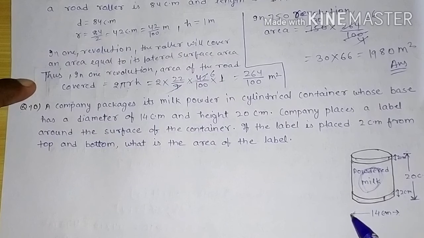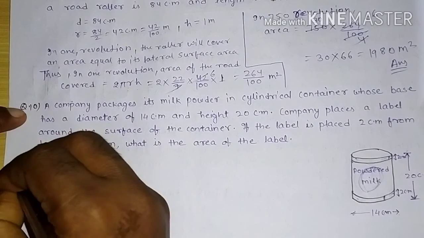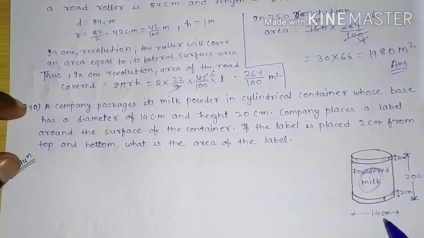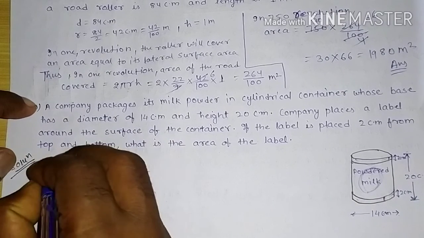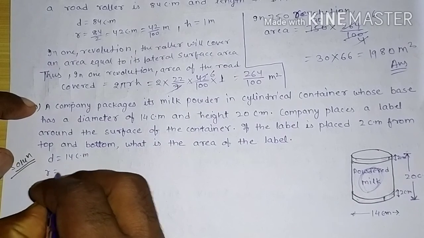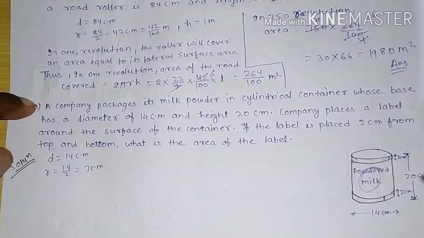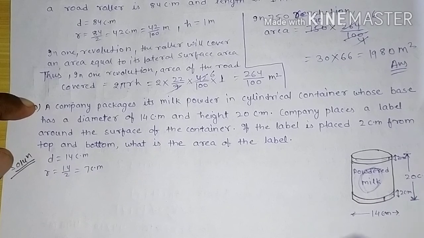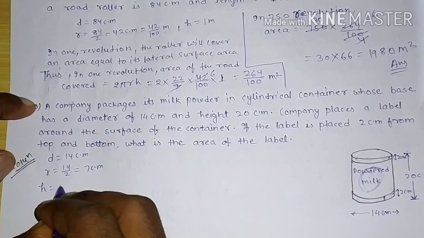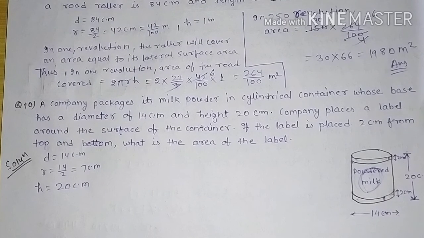let's suppose diameter is given 14 centimeter. Solution. Diameter is 14 centimeter. So D equals 14 centimeter. So radius will be 14 by 2, that is 7 centimeter. Height is given 20 centimeter. But look here, students.